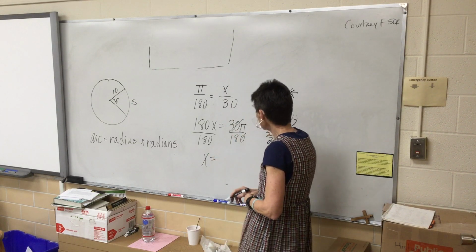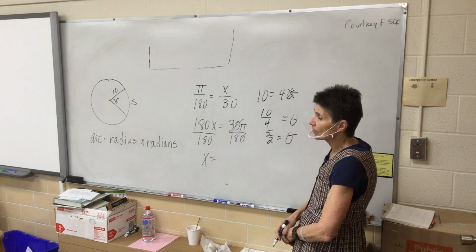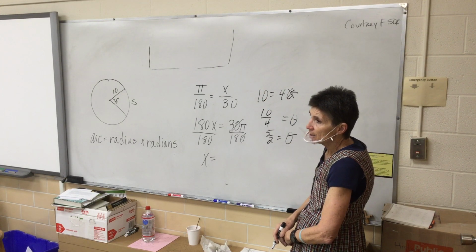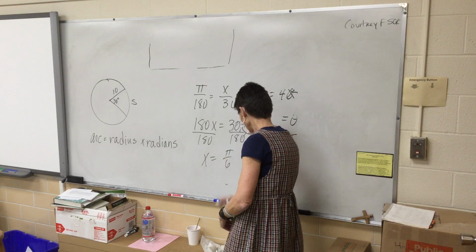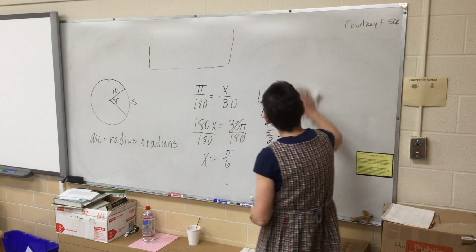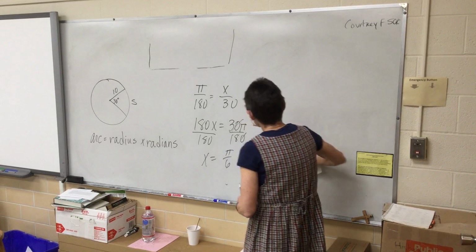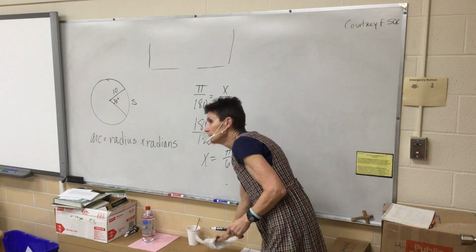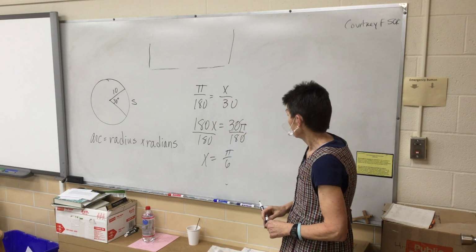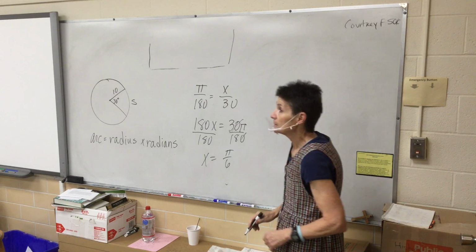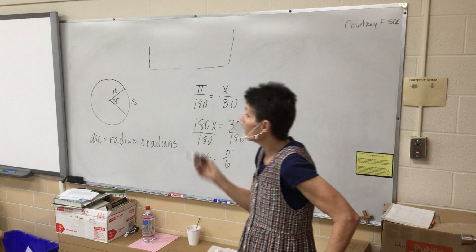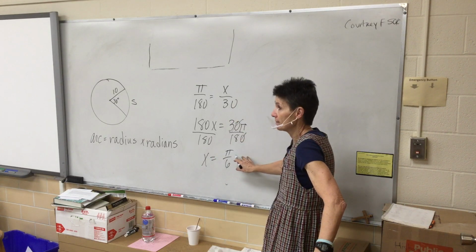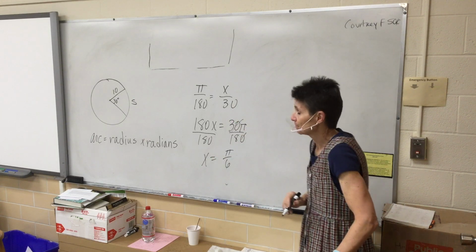Always cancel out the zeros. I have 3 over 18, which is 1 over 6. Would it be wrong to put 1 over 6? We gotta have pi in there. So 1 over 6 pi would be fine. The 1, it's fine to have a 1 in there, but it's gotta be pi, because it's part of the answer.